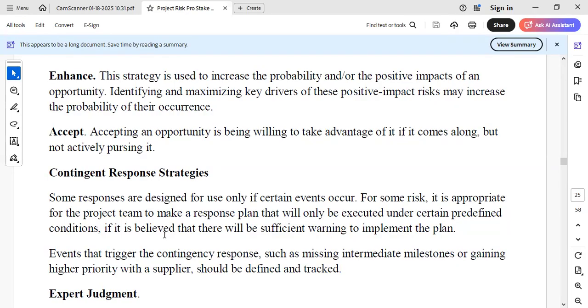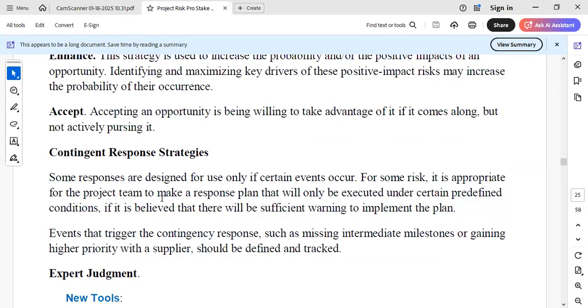Then what are contingent response strategies? So some responses are designed for use only if certain events occur. That is contingency reserve. For some risk, it is appropriate for the project team to make a response plan. Yeah, we'll come up with a response plan.